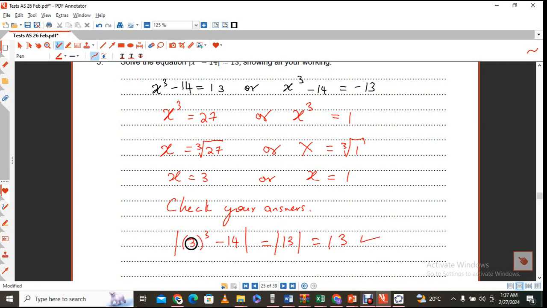So it checks out. If we also do the same for 1 cubed minus 14, well, you have the absolute value of negative 13, which is also equal to 13. So both these solutions are going to work.